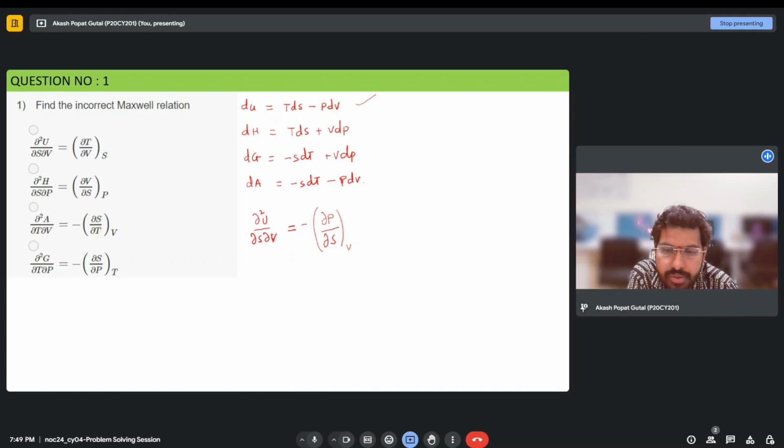We got this from direct differentiation. But in the option it is not given.